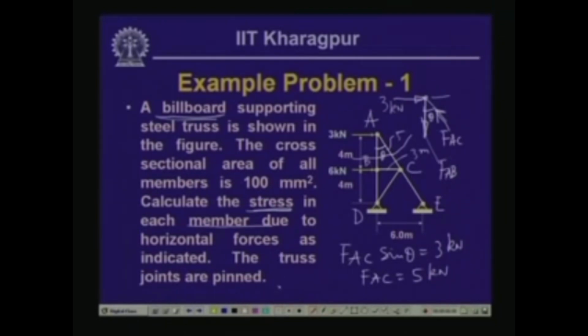So, FAB is equal to FAC cos theta, and the value of cos theta is 4 by 5 and FAC being 5, the value of FAB is 4 kilonewton. Now, if we look into the direction of the forces as we have assumed over here, this is the force in the joint. So, the member is subjected to a force like this, which is compressive in nature. So, the member AC will be subjected to a compressive force.